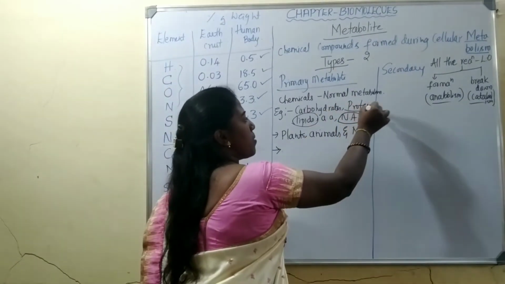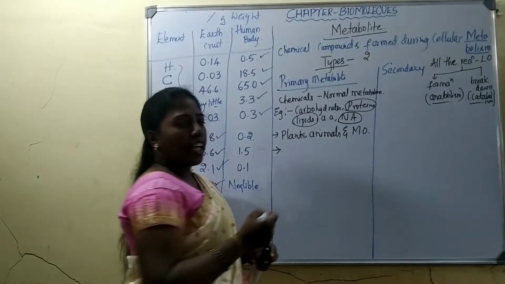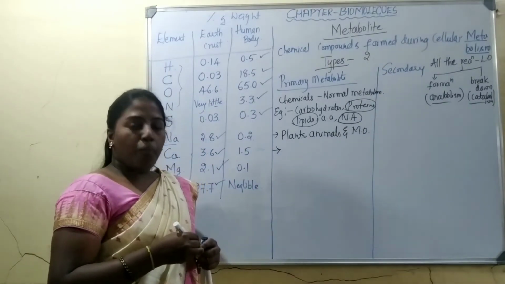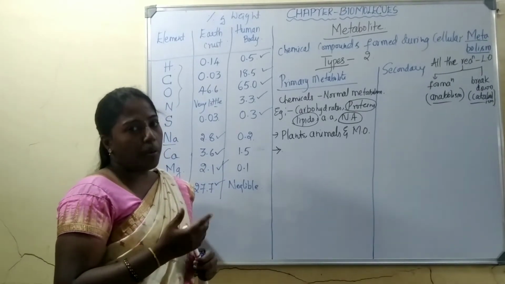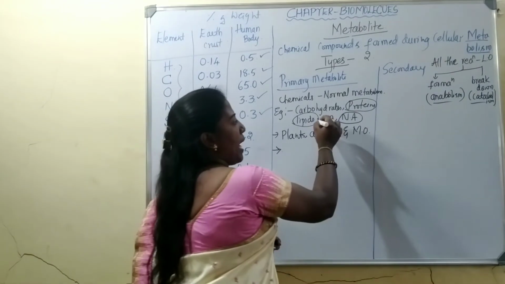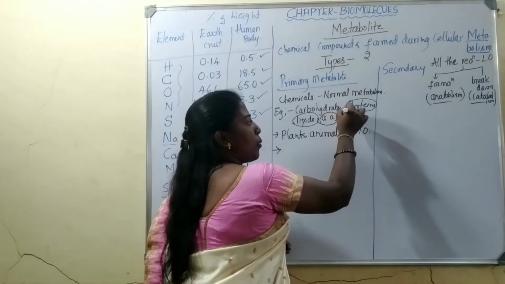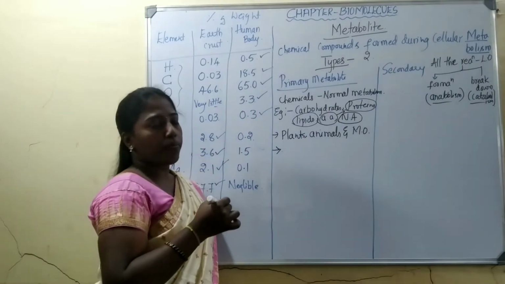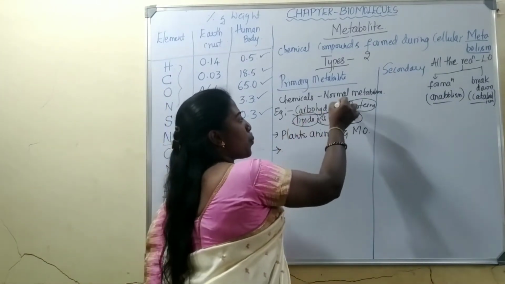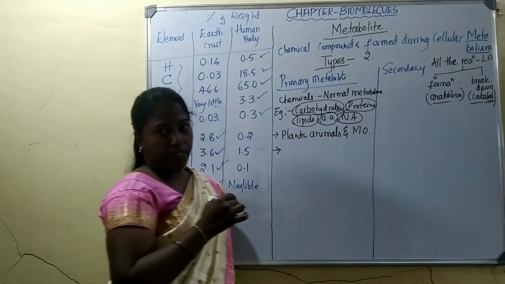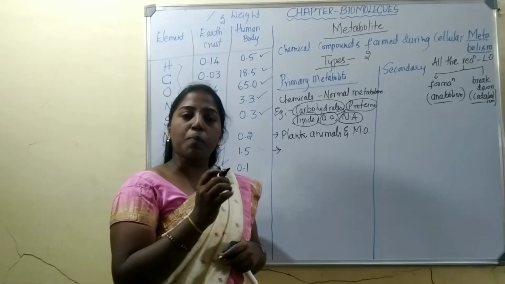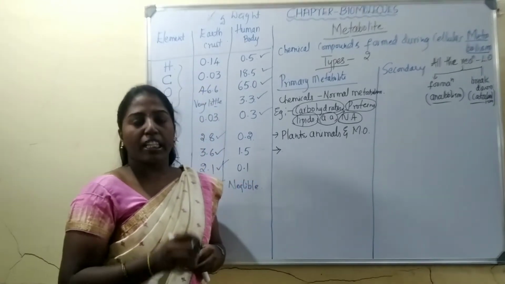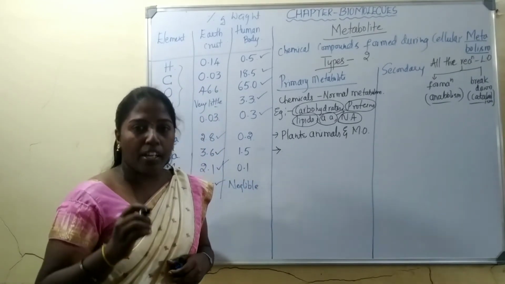Proteins are involved in muscle formation, and they are even present in the blood. Amino acids are the building blocks of proteins. Carbohydrates provide energy. So primary metabolites have a specific function, or their functions are well understood.